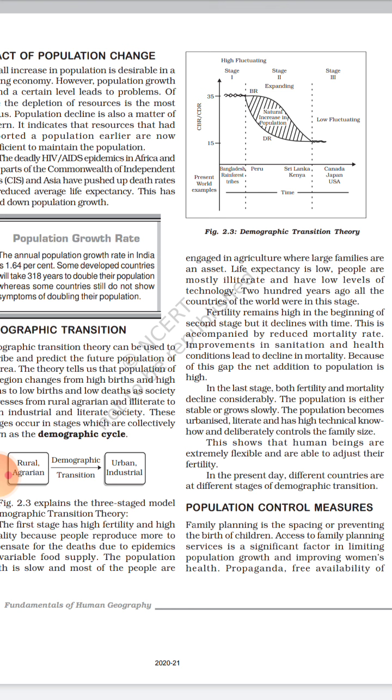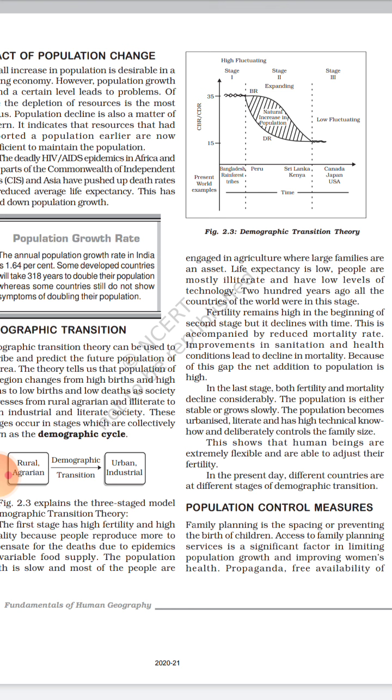So the population growth is slow, and most of the people are engaged in agriculture, where a large family is an asset. Life expectancy is low. People are mostly illiterate and have a low level of technology. In this stage one, we can take the example of Bangladesh rainforest tribes, the people of the tribal area of Bangladesh, our neighboring country.